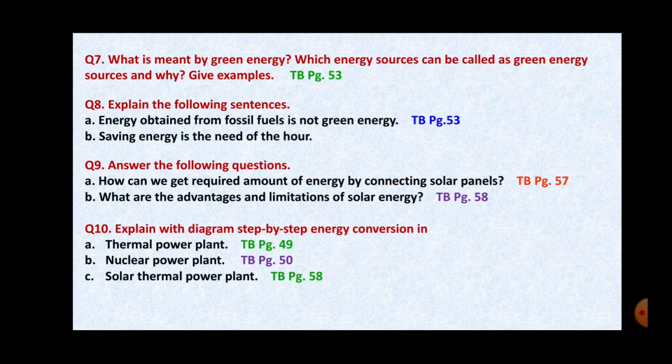Third is solar thermal power plant. It is also given on page number 58 in your textbook. Open page number 58. Figure 5.29: concentrators for collecting sunlight, absorber for absorbing the concentrated sunlight, then steam turbine, electric generator and electric energy.